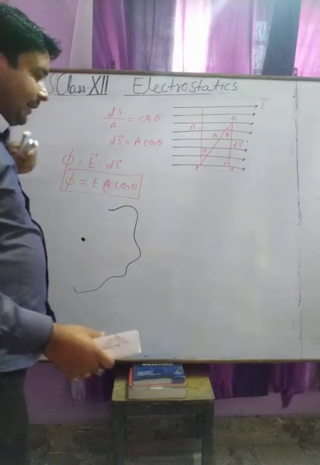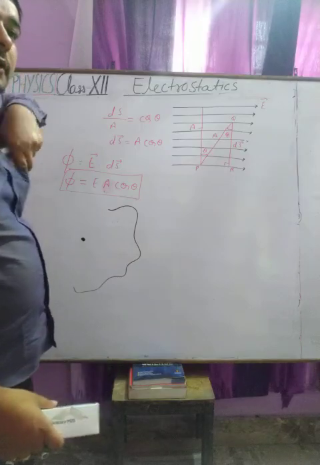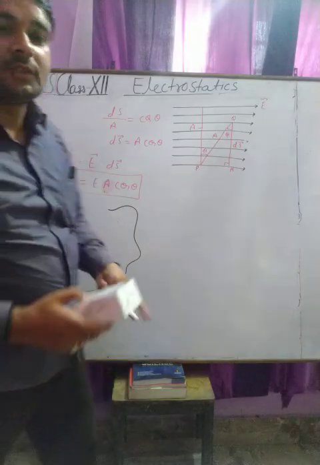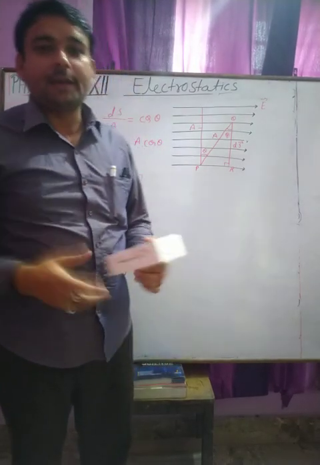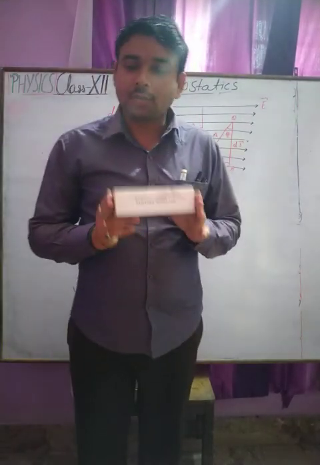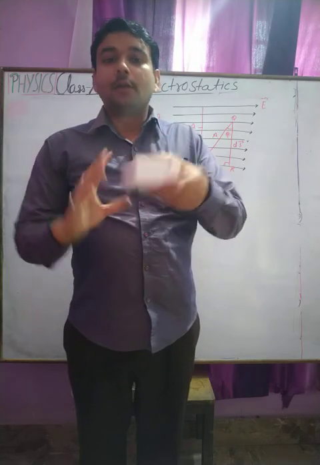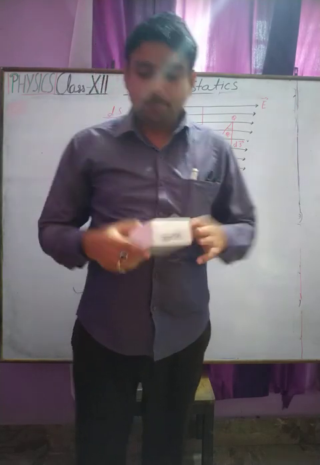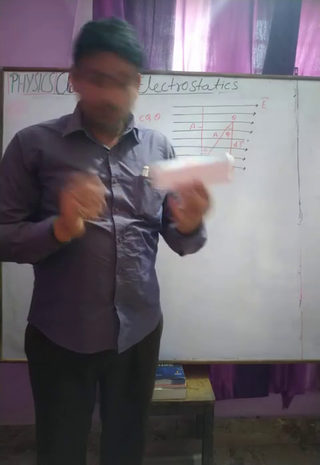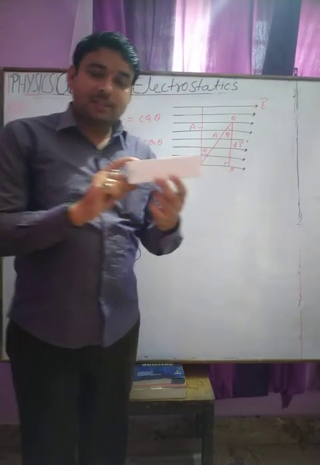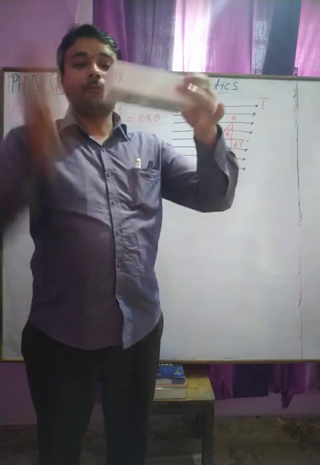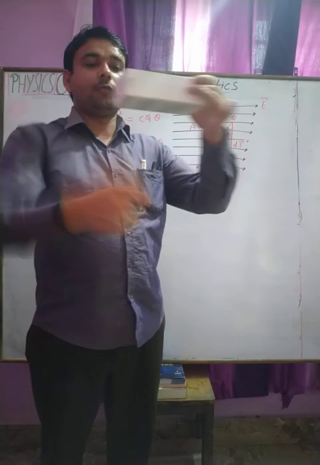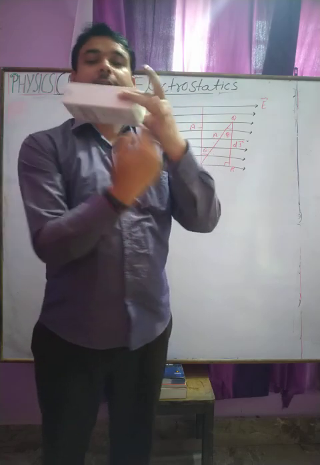We have many kinds of surface like cylindrical surface, spherical surface, cubical surface and any other surface. Now we understand about the area vector for a cuboidal surface. You all know a cuboidal surface has 6 faces: upward, downward, forward, backward, left and right.